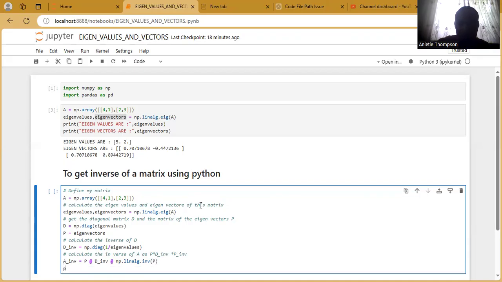So the next thing is to print the inverse of A, just put a little star there.